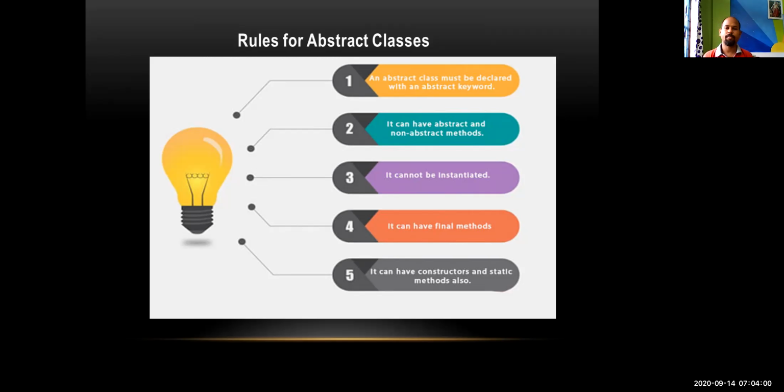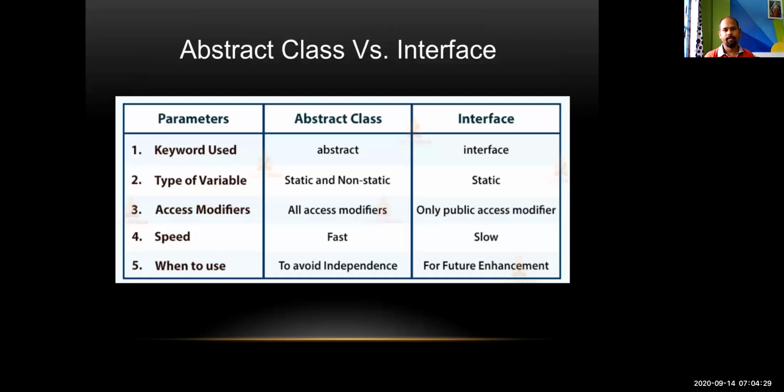That means whatever methods are there within the abstract class cannot be modified in other parts of the program. Once it is written, it's final. It will be just a blueprint of the class. The fifth point, it can have constructors and static methods also. So this is as usual, similar to any other classes.